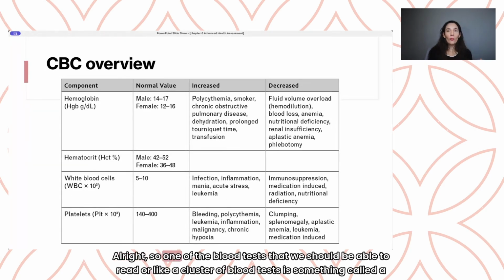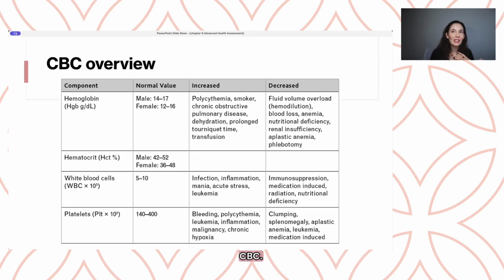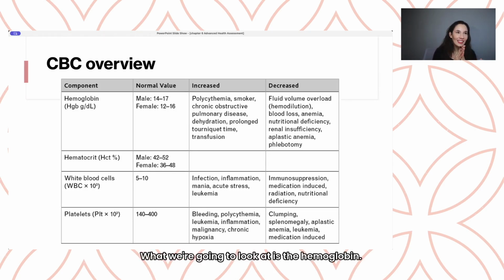All right, so one of the blood tests that we should be able to read, or a cluster of blood tests, is something called a CBC. What we're going to look at is the hemoglobin. So for men, this is 14 to 17, and women, it's 12 to 16.